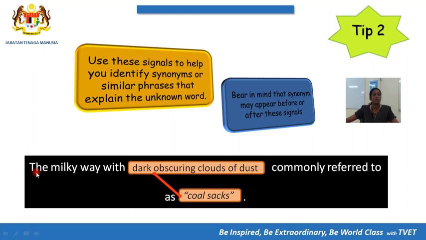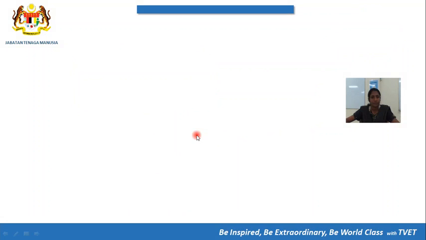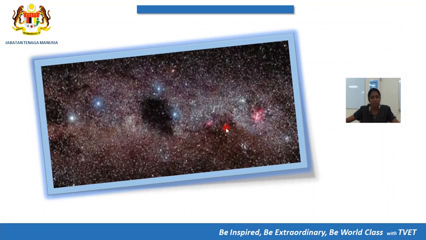Okay, so the Milky Way. What do you mean by Milky Way? We are talking about the galaxy. It's in the universe. Probably you would like to see what it is. Have you seen this? Probably you have seen it on Google or on the internet, right? Or in National Geographic, or in science, or in the planets.